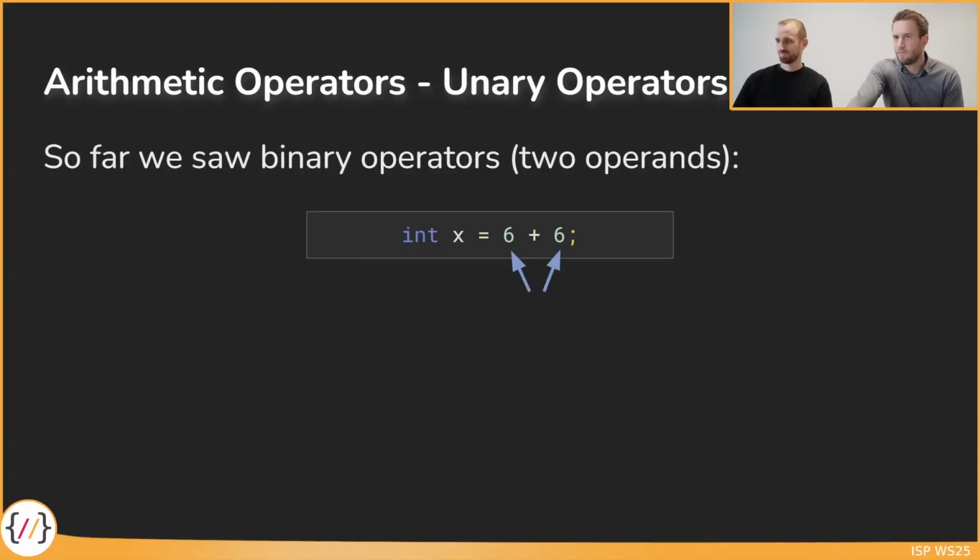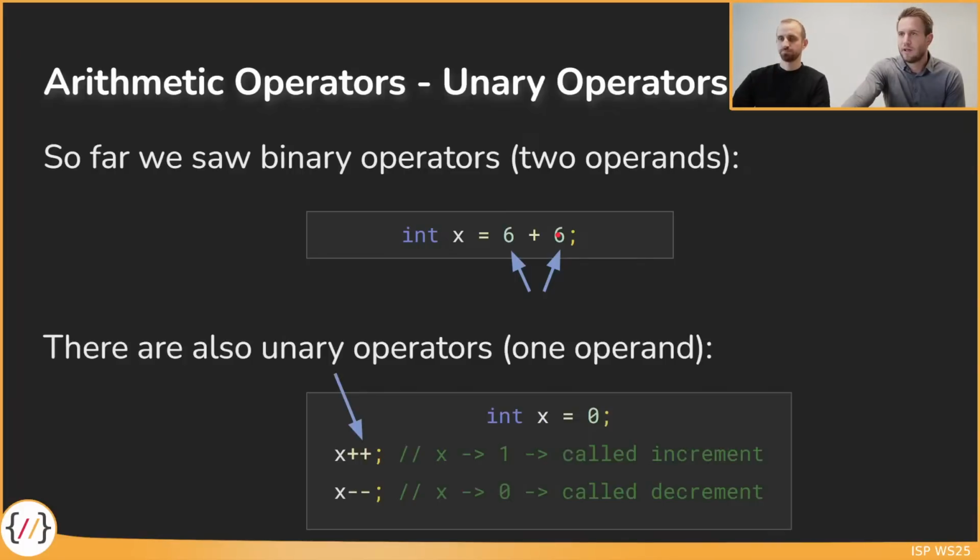So far we have seen operators that use two operands. For example, this plus operator, which uses two operands, in this case 6 and 6. And now we come to unary operators, those that just need one operand. So for example, we have an x variable of type int here, which has the value 0.